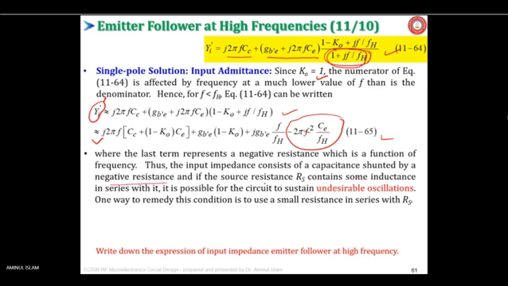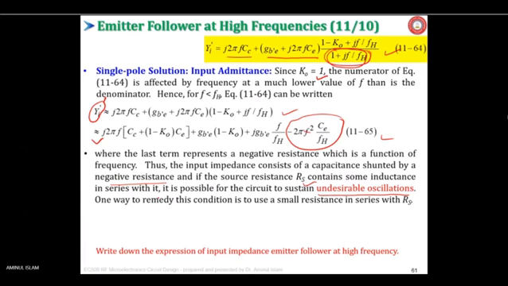And if the source resistance Rs contains some inductance in series with it, it is possible for the circuit to sustain undesirable oscillations. Since it has a negative resistance shunted with a capacitance, and if there is a possibility of inductance, then it is going to oscillate.